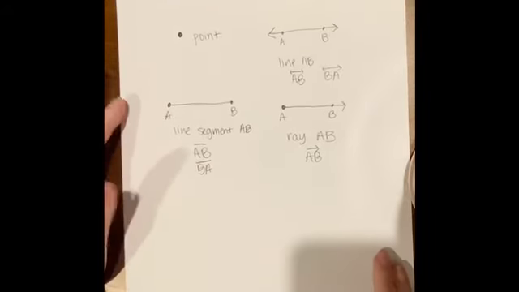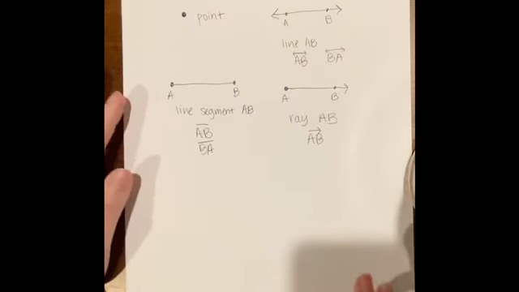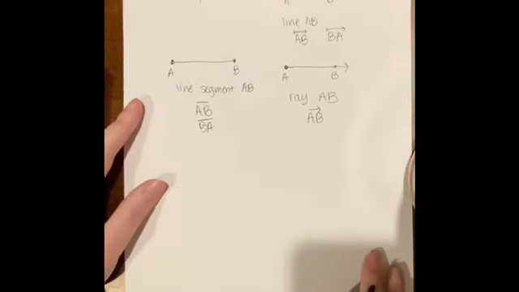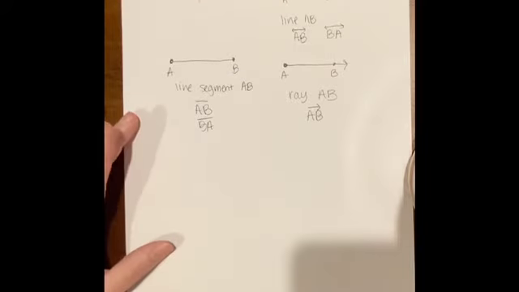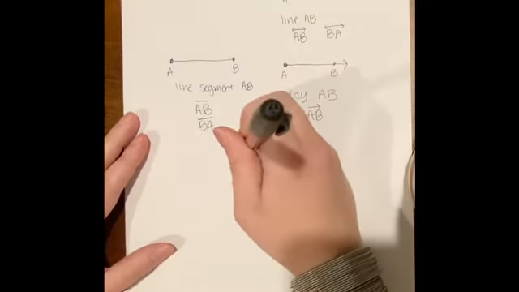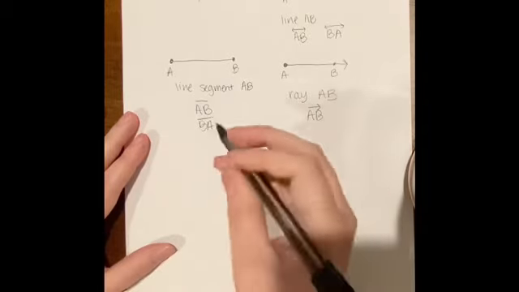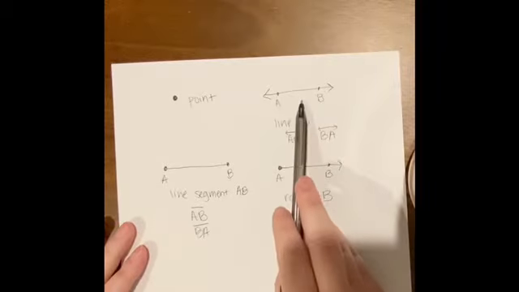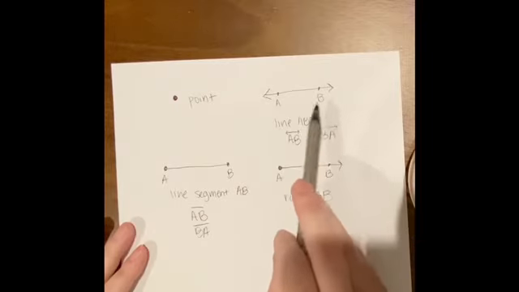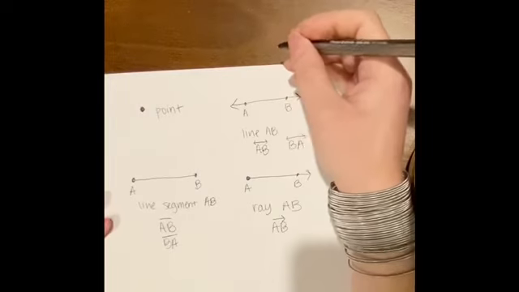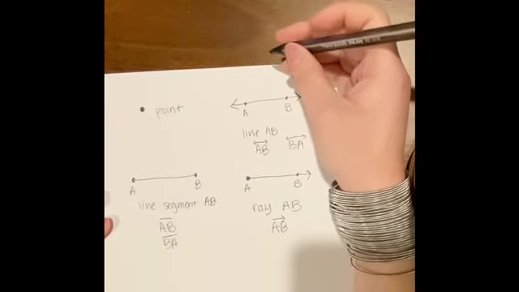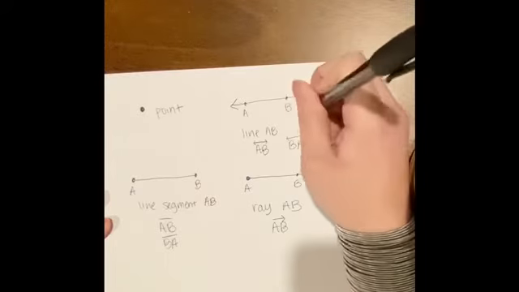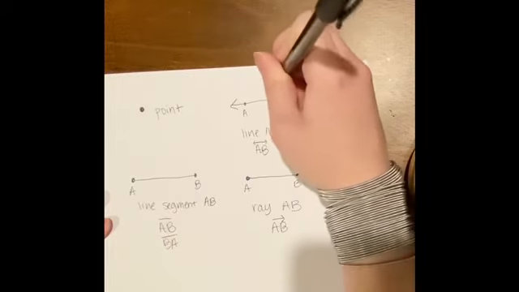Okay. Then we also learned about some angles. So there are 4 types of angles. A line is actually also a 180-degree angle, which is called a straight angle. So a line is also a straight angle.